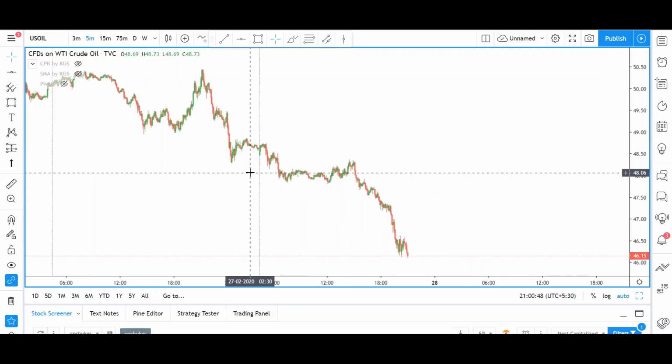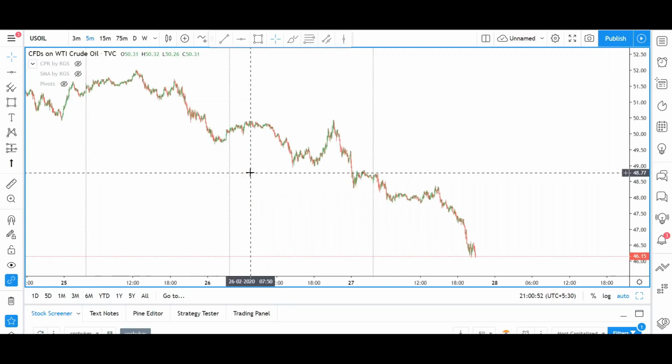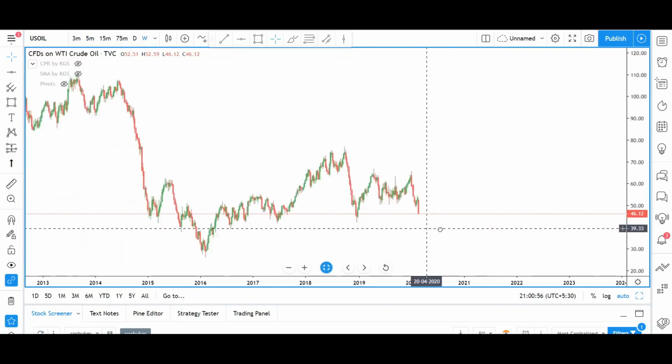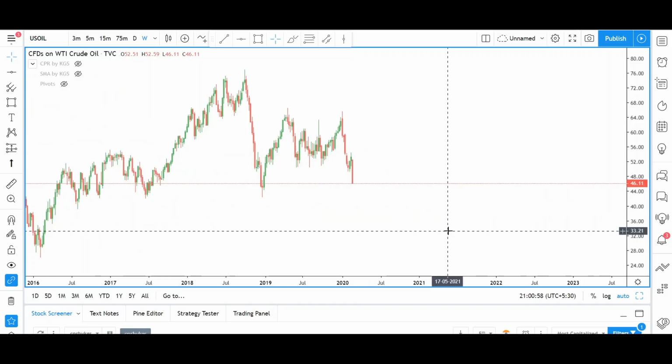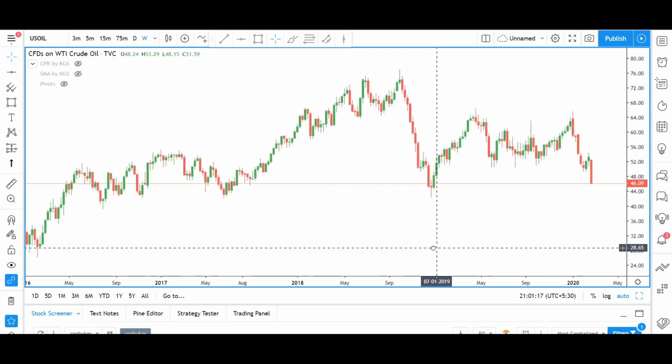Before going to today's crude oil move, let me analyze crude oil in a structured way. I suggest you watch all these stocks, indices and commodities in a regularized manner. First check the weekly trend, then the daily trend. In a sequenced manner, you should watch the trend of any stock, index or commodity.